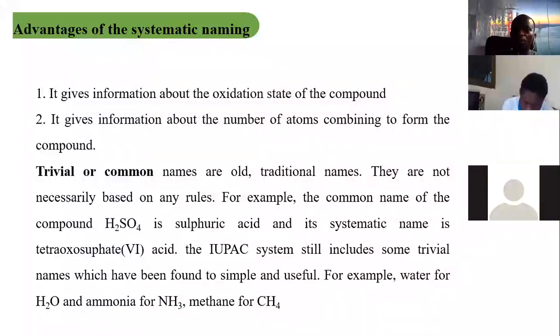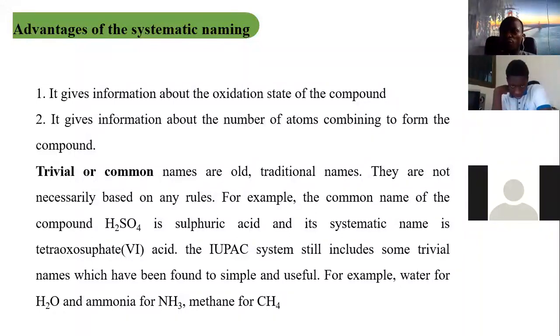I'm sure you've heard that before. Names like that are what we call the common name or the trivial name. Sulfuric acid, H2SO4. H2CO3, that one is not on the slide, carbonic acid. You've heard that before, I'm sure.